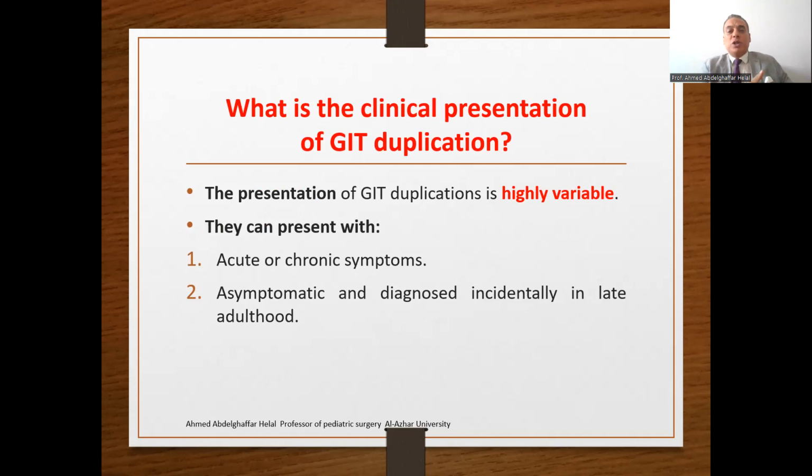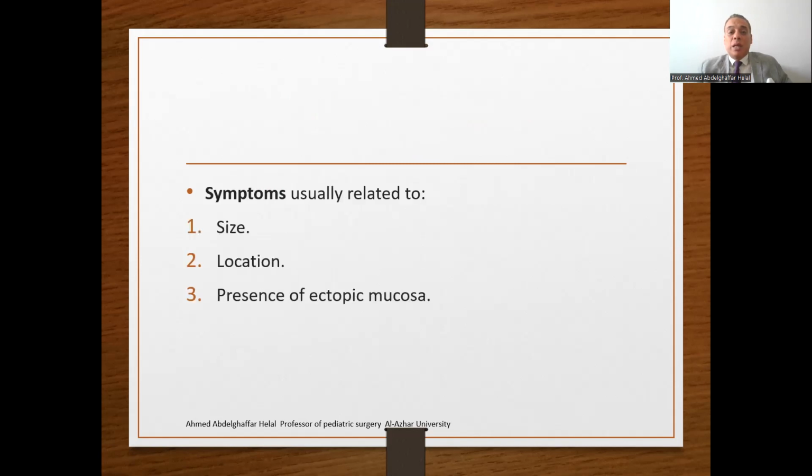The symptoms of the gastrointestinal tract duplication are usually related to the size of the duplication, larger or smaller, the location in the foregut, midgut, or hindgut, and the presence of ectopic mucosa. It's seriously important that this acid-producing mucosa may present with gastrointestinal bleeding or hemorrhage. So these three items will affect the presentation of gastrointestinal tract duplication.